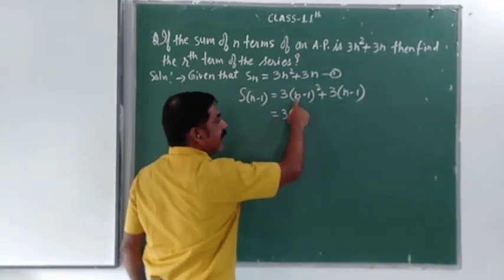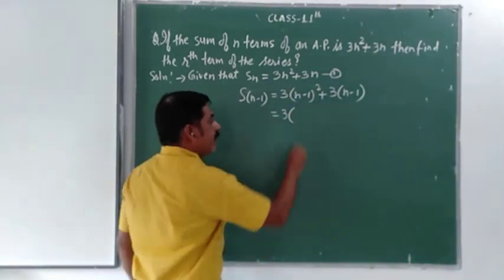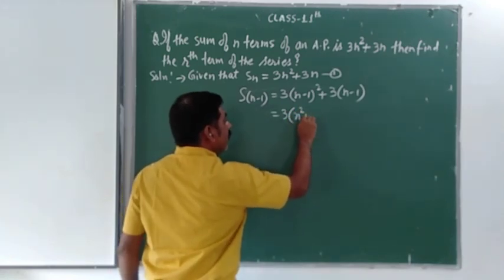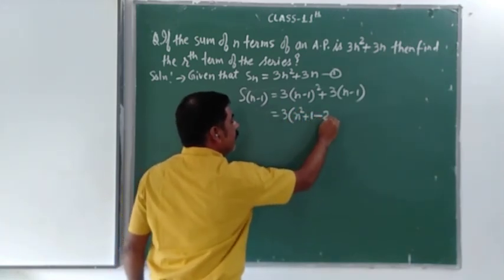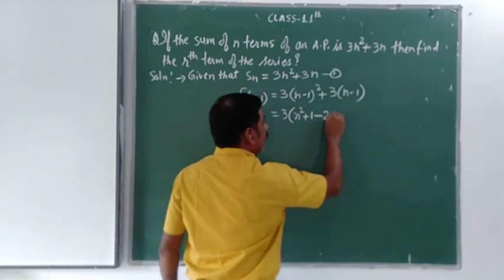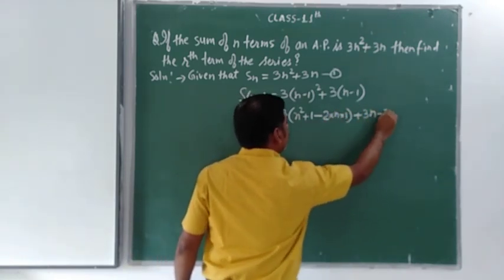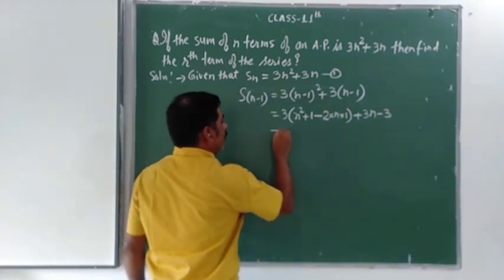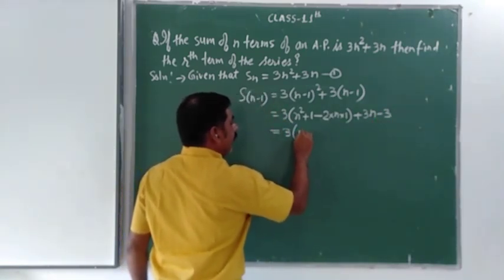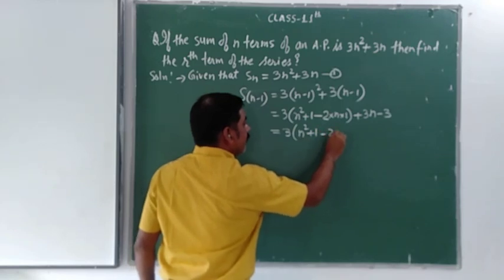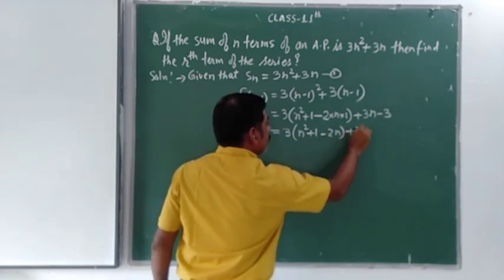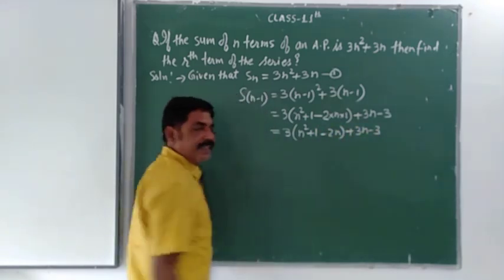Now expanding a minus b whole square: a square plus b square minus 2ab, plus 3n minus 3. Now 3 in bracket n square plus 1 minus 2n, plus 3n minus 3.